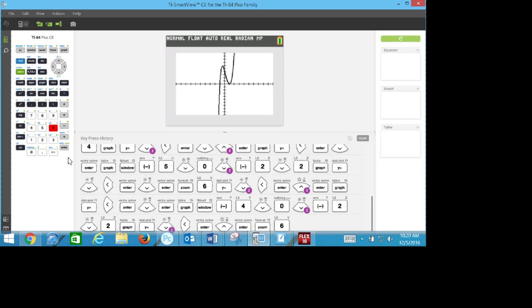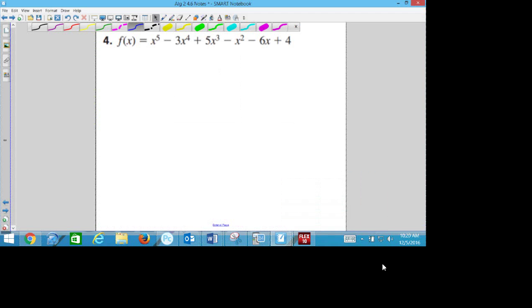Where does it look like the first solution is if we go left to right like we read? And does -1 have any repeats? No, because it passes through. What's the next solution? 1, but 1 is repeated, so that's 3 solutions. So we should have 5 zeros.